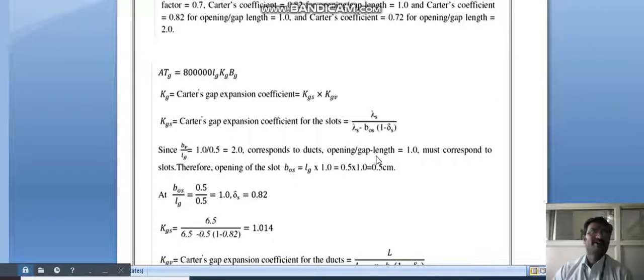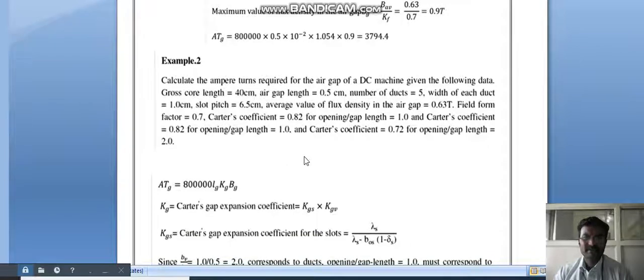For a square pole, the ratio of pole arc to pole pitch we should consider as 1. In this problem, we have to find the value of ampere turns.